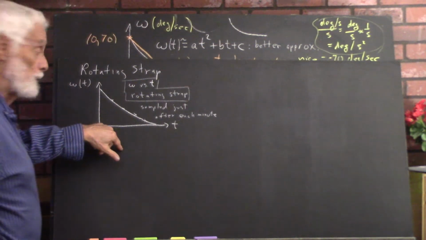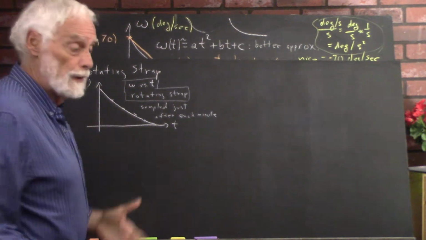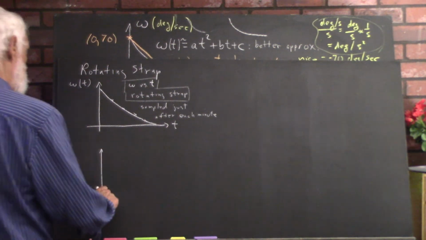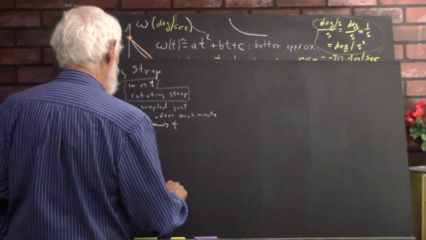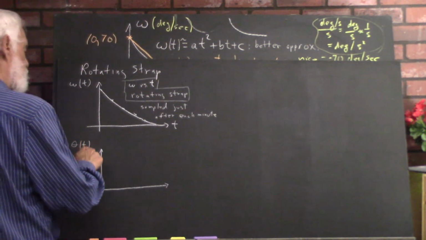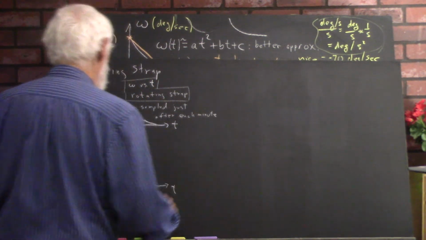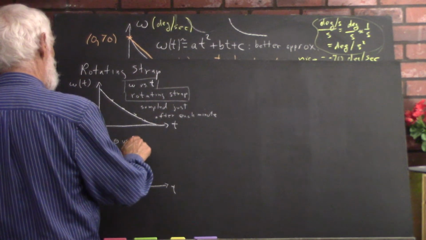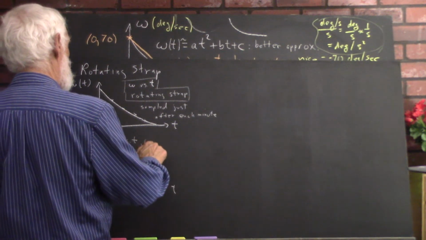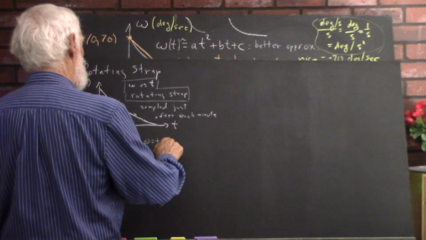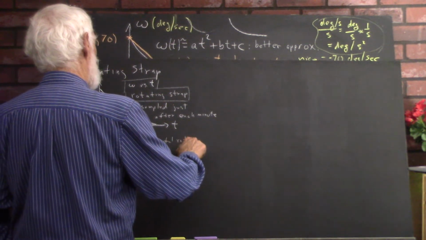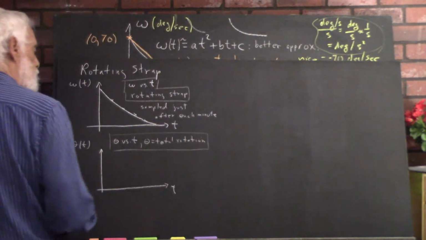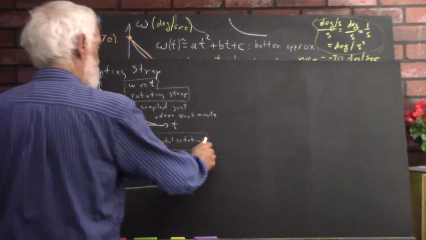Okay, there's the graph. Now, another observation that we can easily make is of theta versus t, the total angle of rotation. Okay, so this would be theta versus t, and I'll abbreviate the explanation of what total rotations mean, or we put that off to the side.